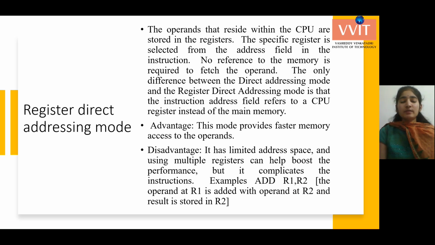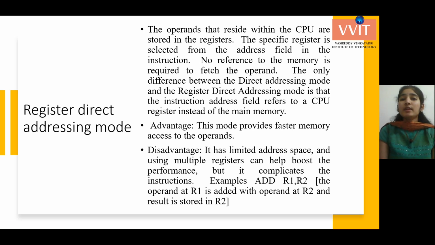Register direct addressing mode is like direct addressing mode, but there is a small difference. The operands that reside within the CPU are stored in registers, whereas in direct addressing mode the operand is stored in memory locations. The specific register is selected from the address field in the instruction.